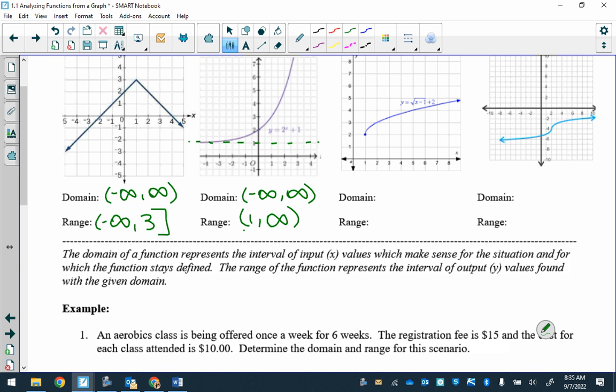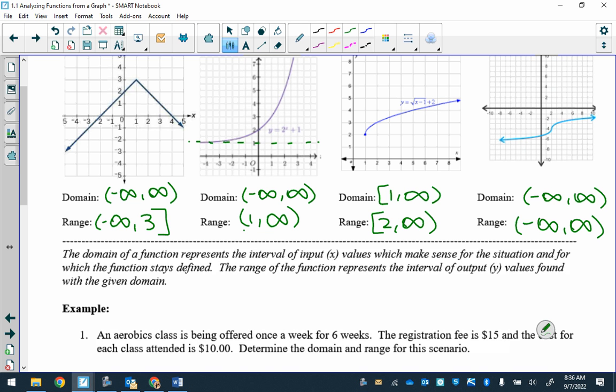How about domain and range of the last one? Ella, what do you have for that one? Excellent. Good job.